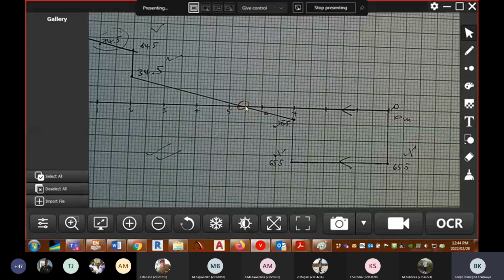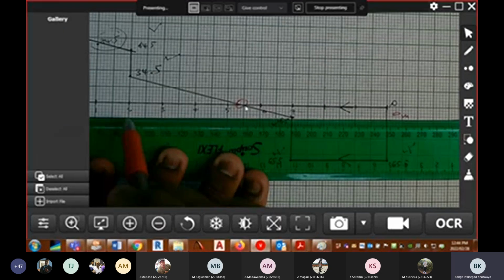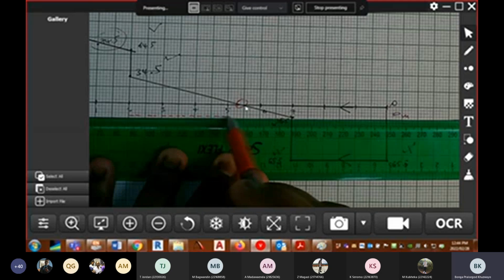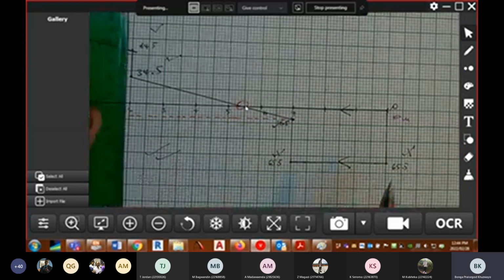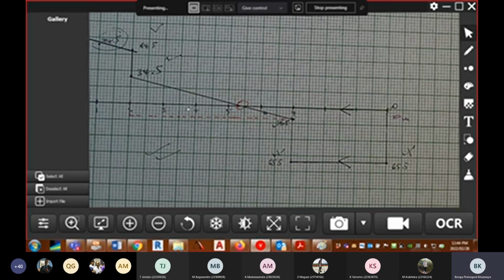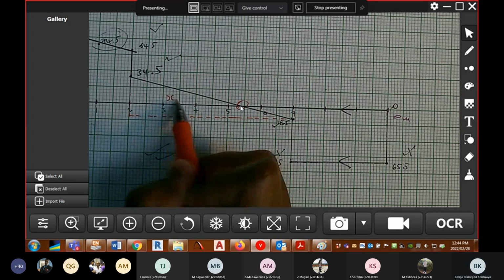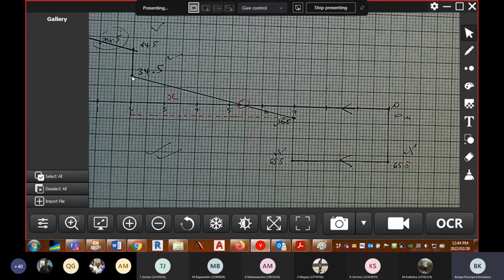I'm going to just draw some construction lines here so that it's easy for me to explain. And then we're going to say, right, the distance from node 2 to where the shear force is 0, let's make the distance x. And then what is the height, the distance from 34.5 to 15.5? So what is that distance?